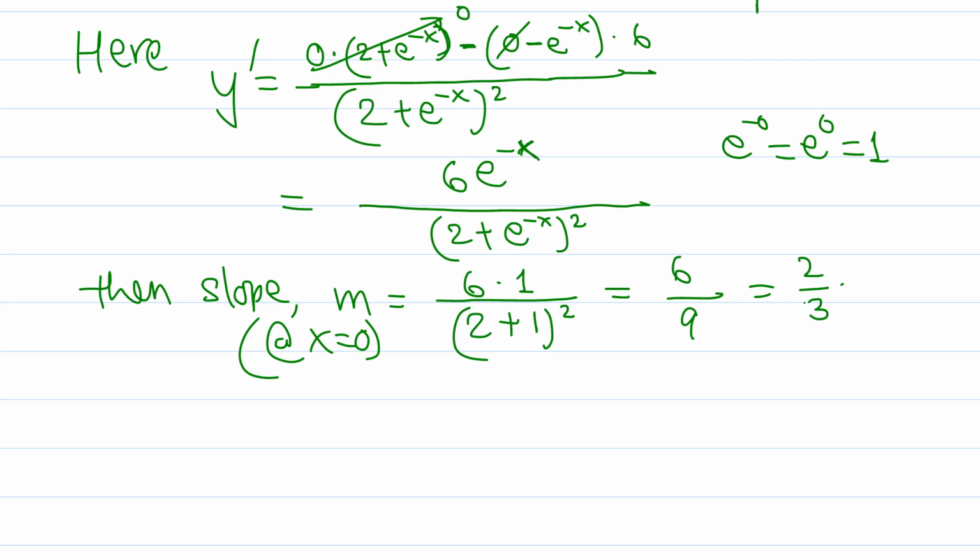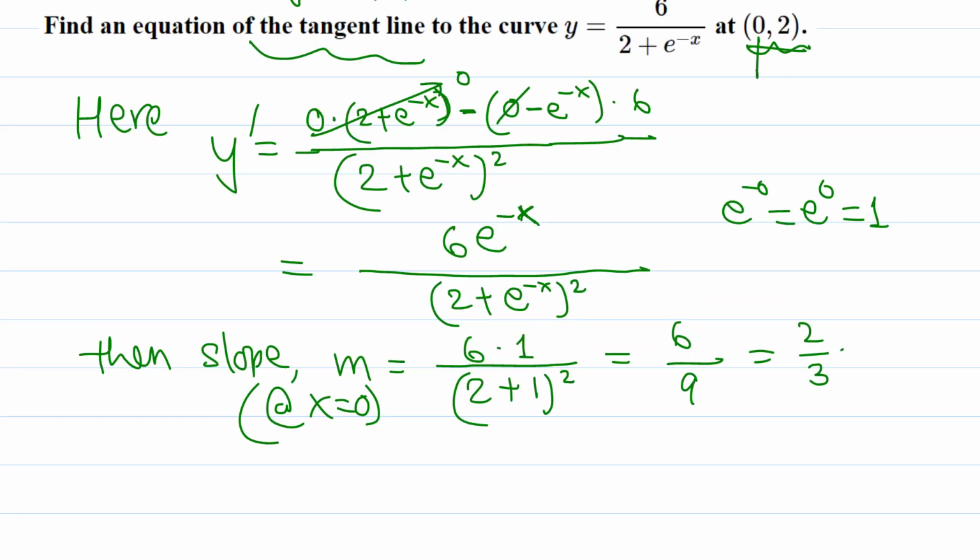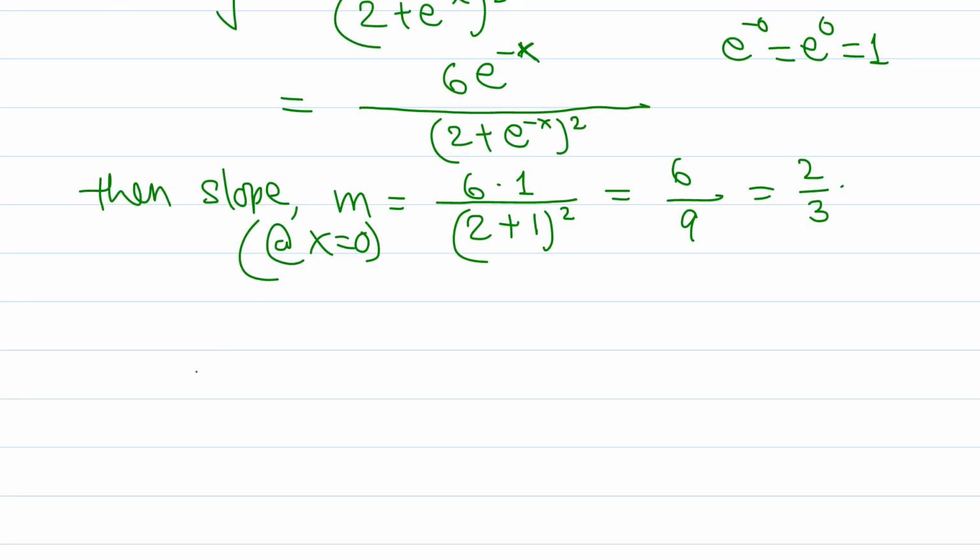So we have the slope now, 2/3, and we have the point 0, 2. Now we just use y equals mx plus b to finish this. Thus y equals mx plus b, that is y equals, slope is 2/3, x plus b.